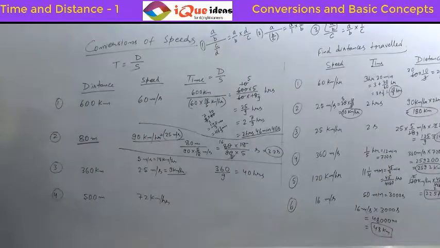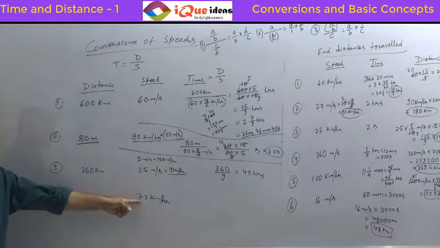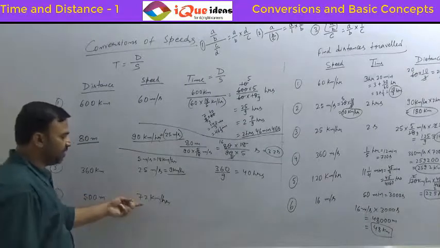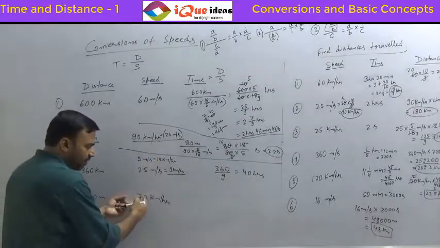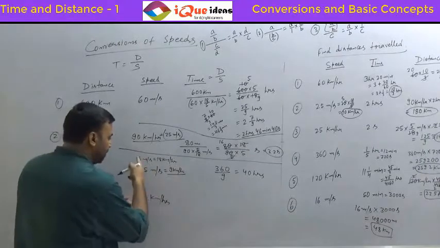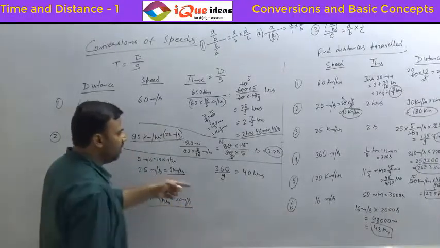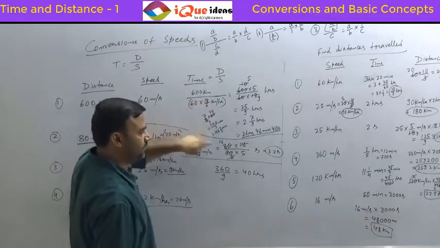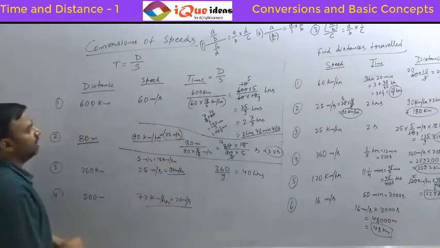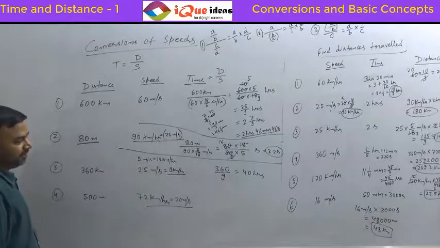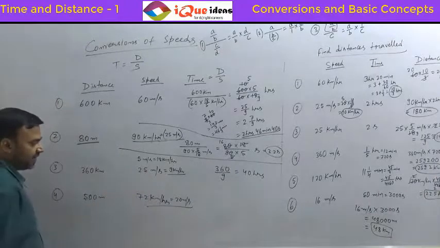Okay. Now the last one, 500 meters. Now this again you have to convert it to meter per second. So 72 kilometers per hour, 18 fours are 72 kilometers per hour. So 5 fours, that is 20 meter per second. See, if you do not remember the conversion, you can do this. Alright, you can convert properly and then divide. If you remember, it's well and good.